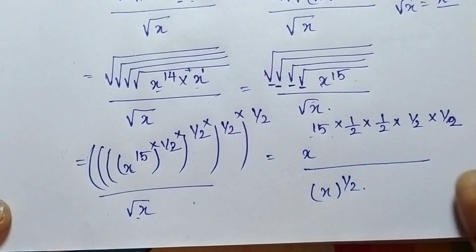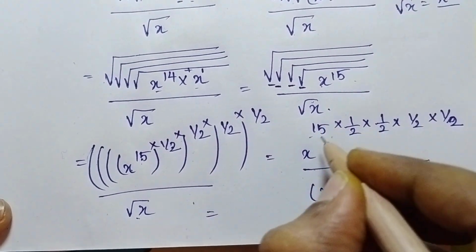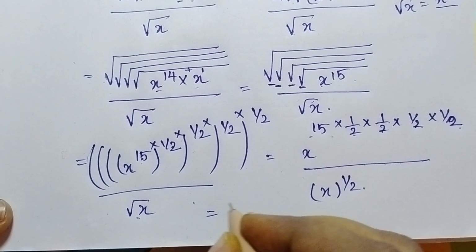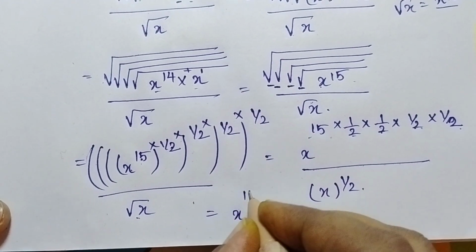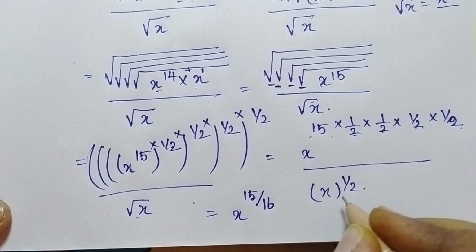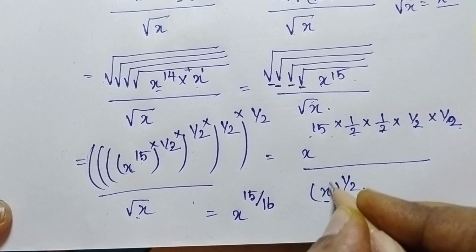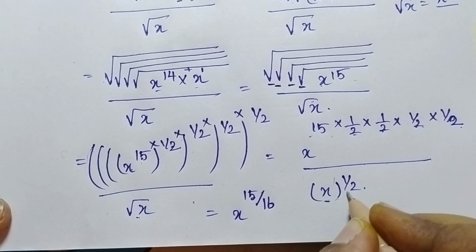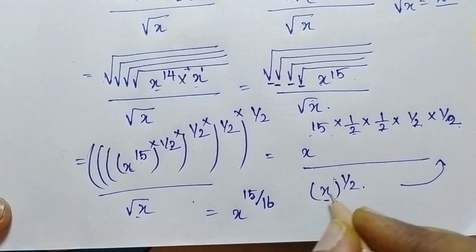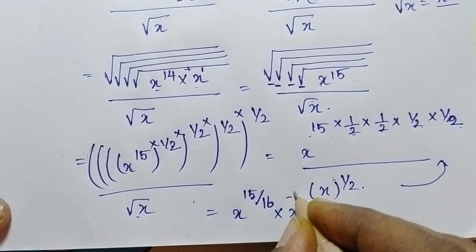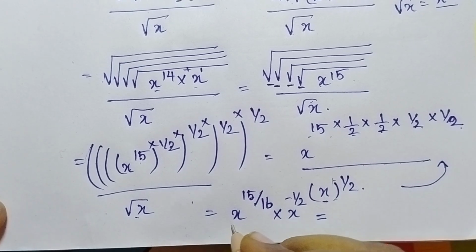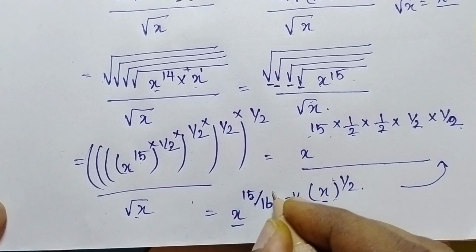Now this can be written as 15 into 2 twos are 4, 4 twos are 8, 8 twos are 16. Therefore, x power 15 divided by 16. This x in the denominator, if I want to shift it towards the numerator, its sign gets changed to minus 1 by 2. Therefore, into x power minus 1 by 2. Then the base is same, the power gets added.